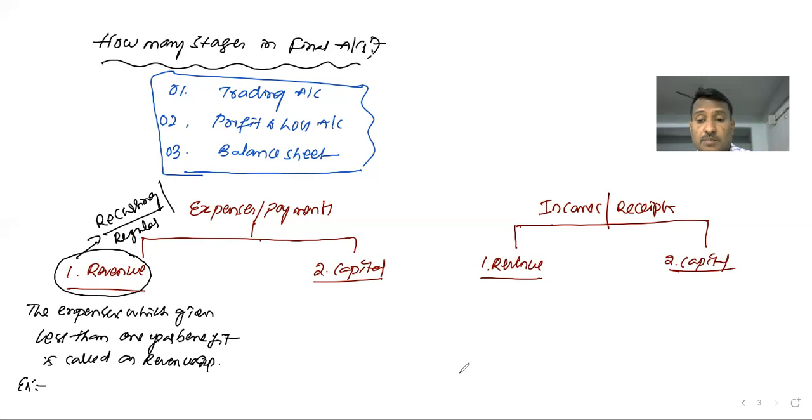Take some examples: purchases, wages, salaries, rent, etc. Plenty of such expenses are part of the business. When the expenses give less than 1 year benefit, these are called revenue expenses.